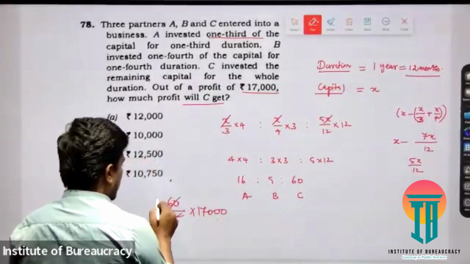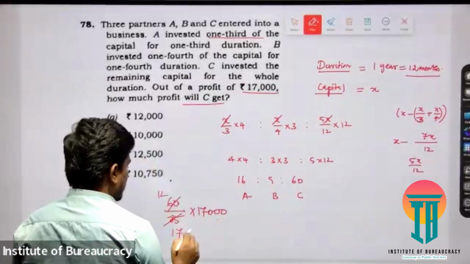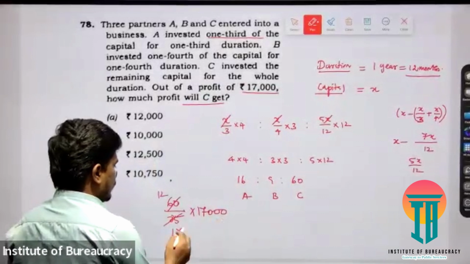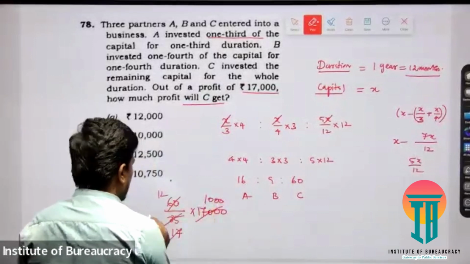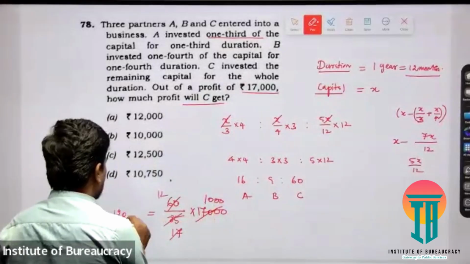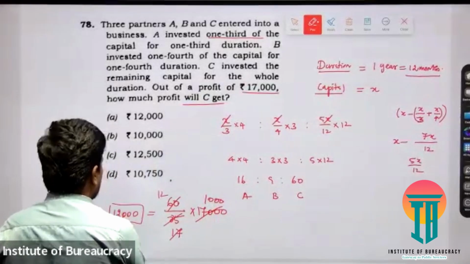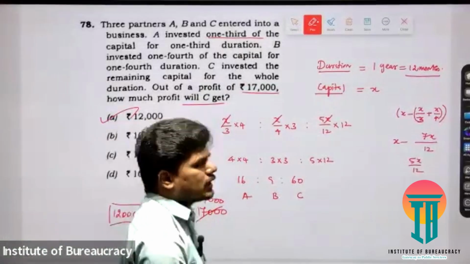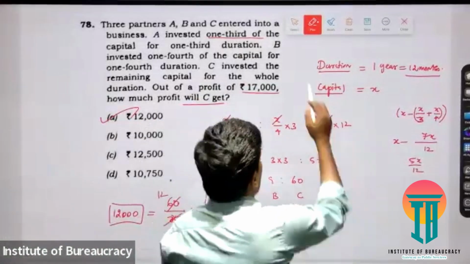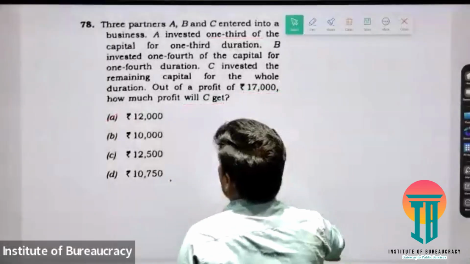From here, 85 goes into 17,000, 200 times, so 60 into 200 is 12,000. So C will get an amount of 12,000. So the next question.